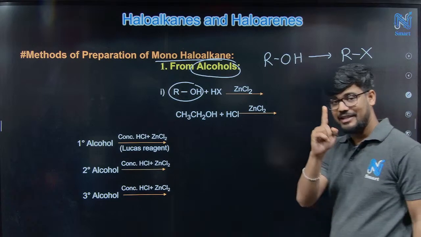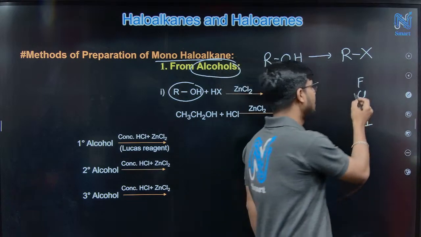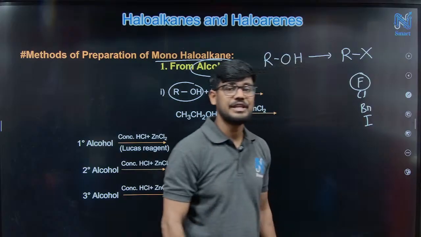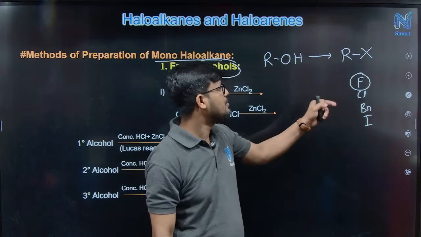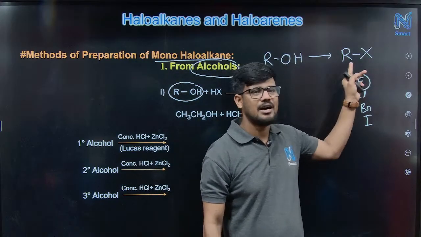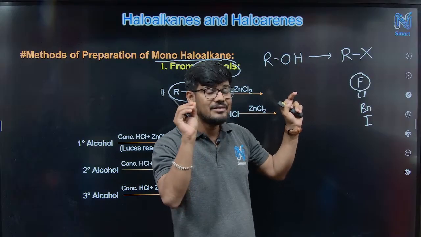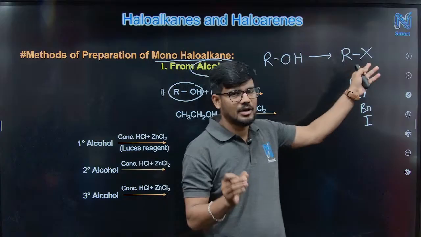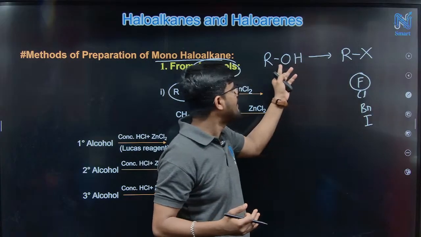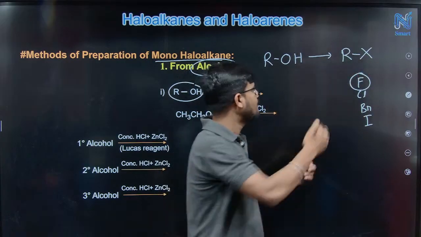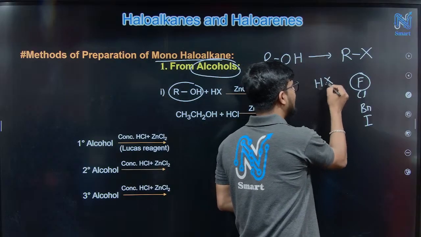But the most important point is, generally we don't use fluorine here. Why? Step by step we are going to learn. From this ROH we are going to get RX. For that we need to use HX.